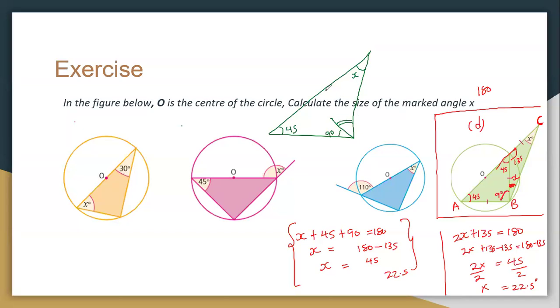Since they told you that this side and this side are equal, it means this is an isosceles triangle. So here, there was also X. So for this equation to be true, it would have been better if he had added X plus X, to end up with 2X equal to 45, then divide by 2 to get 22.5.